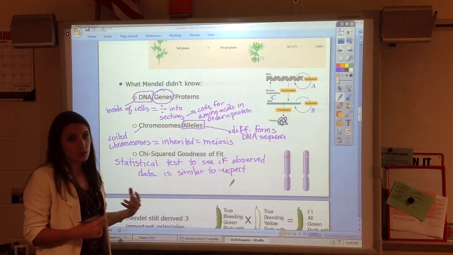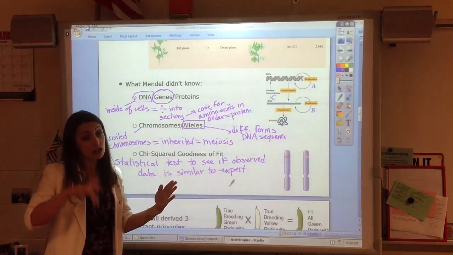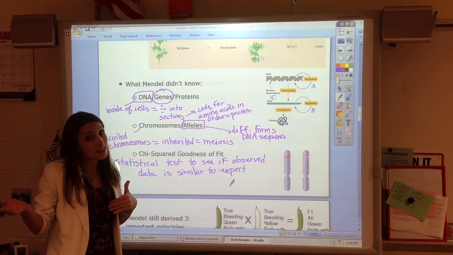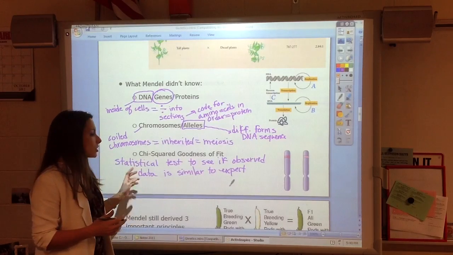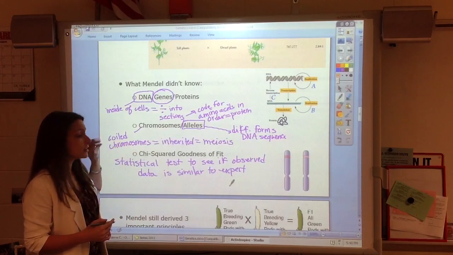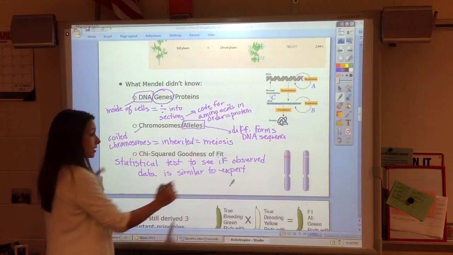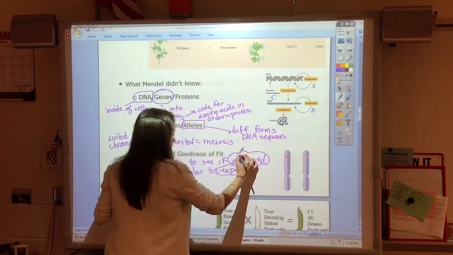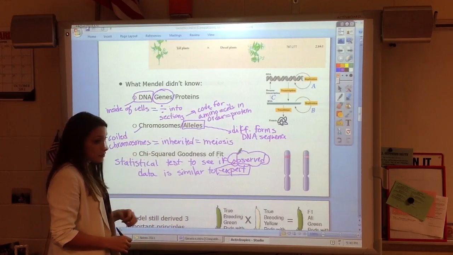Is that actually what I'm seeing? And I'm not going to get perfect numbers. I'm not going to get 300 to 100 because things in the environment happen. So maybe one plant died, and that's why I have less. Maybe a raccoon ate one plant. So we now have ways to statistically analyze if what I expect to see and what I observe are similar, statistically math-based similar.